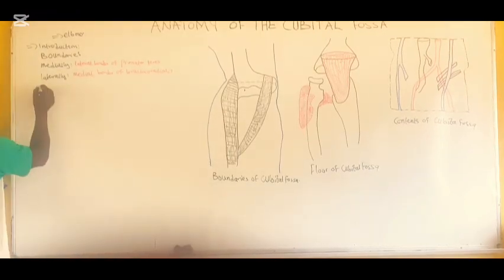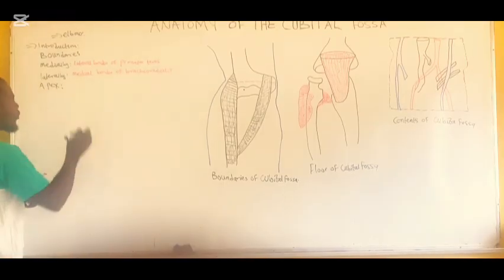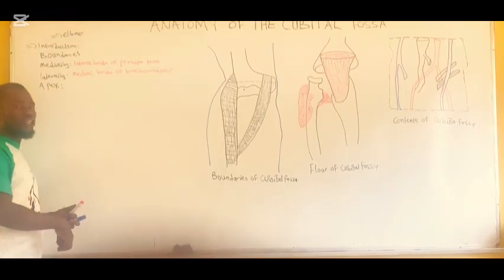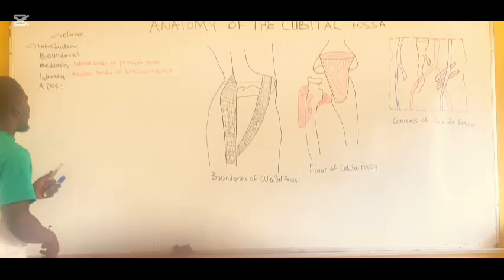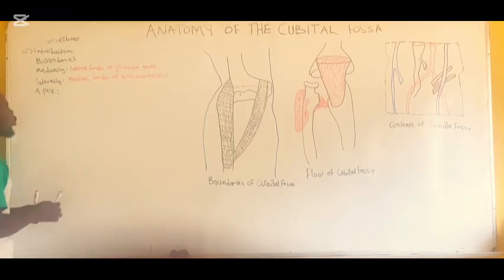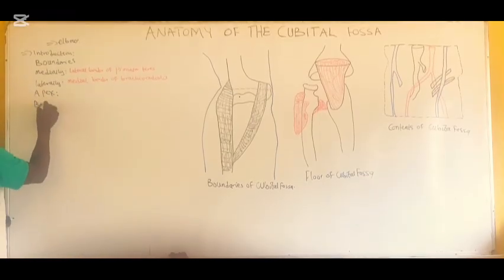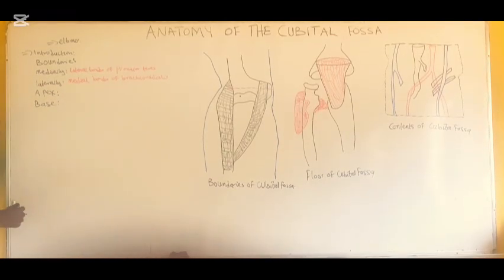The next is the apex. The apex of the cubital fossa is projected downward and it is formed by the area where brachioradialis crosses the pronator teres. Now the base of the cubital fossa.